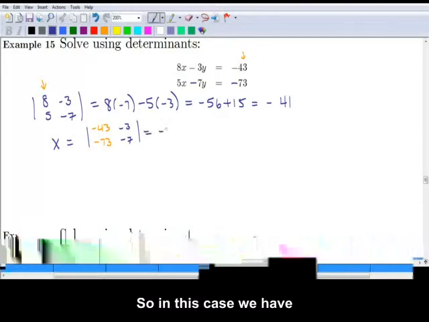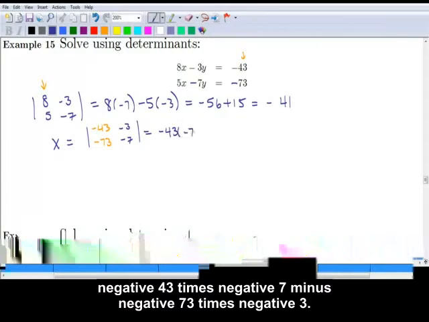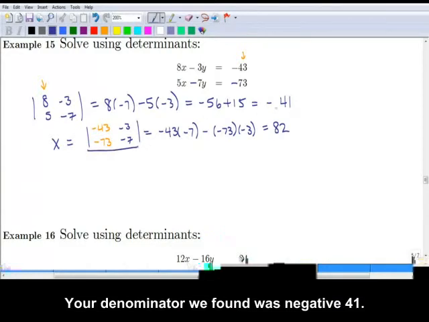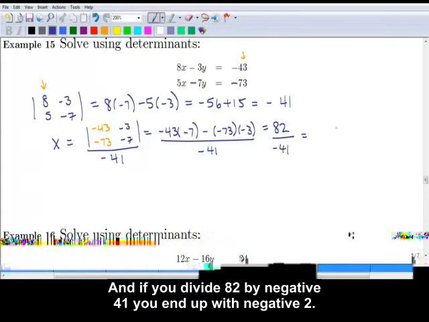So in this case, we have -43 times -7 minus -73 times -3. And you should end up with 82. So that's your numerator. Your denominator we found was -41. And if you divide 82 by -41, you end up with -2.